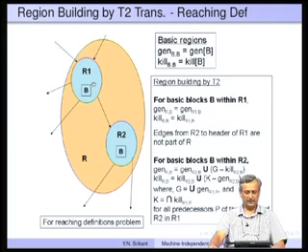In the T2 transformation there is a region R1, another region R2, and we make a bigger region R. We are given the information about R1 and R2, and we want to compute the information about R. For basic blocks B within the region R1 there is no modification because it is not affected by anything in R2. There are no arcs going back from R2 to R1 within the region R. So, gen of R comma B and kill of R comma B remain the same as gen of R1 comma B and kill of R1 comma B.